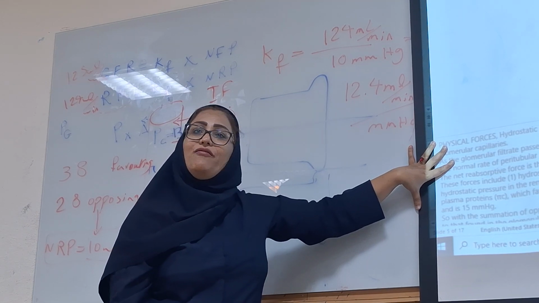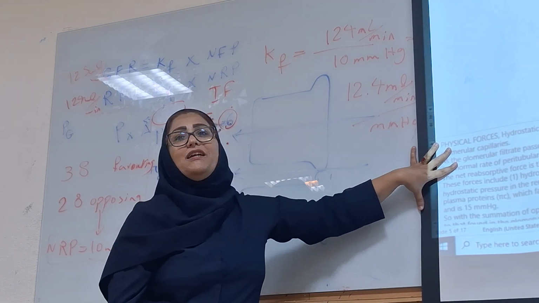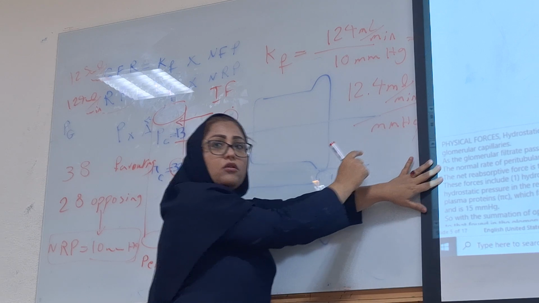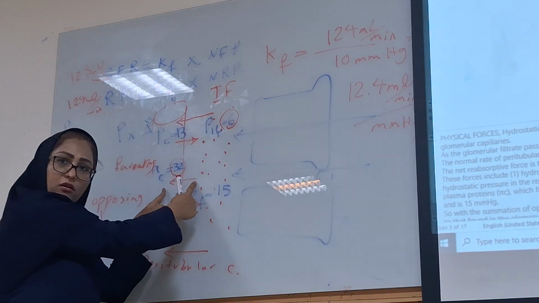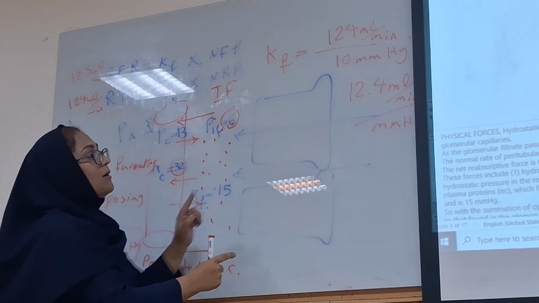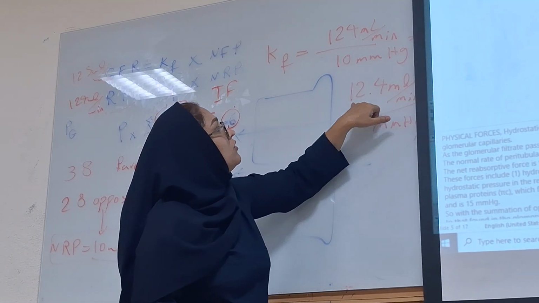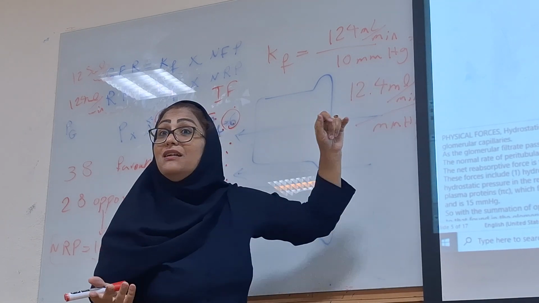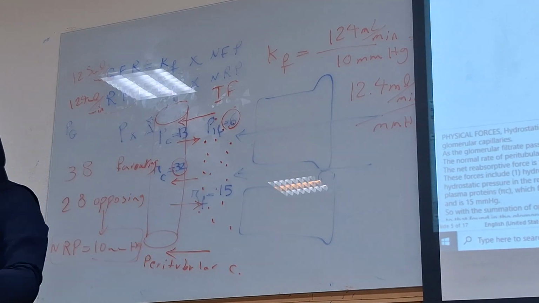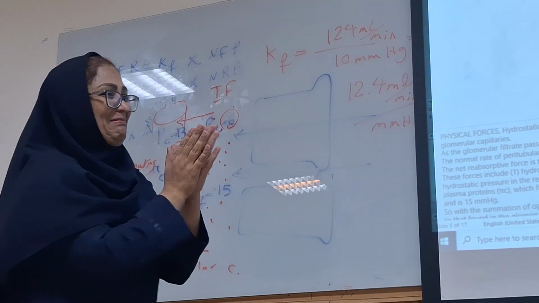Student: It would be the pressure difference between the interstitial fluid and the capillary per minute, it would be 12.4 milliliters of reabsorption. Got it? Okay, thank you, John. Thank you very much.